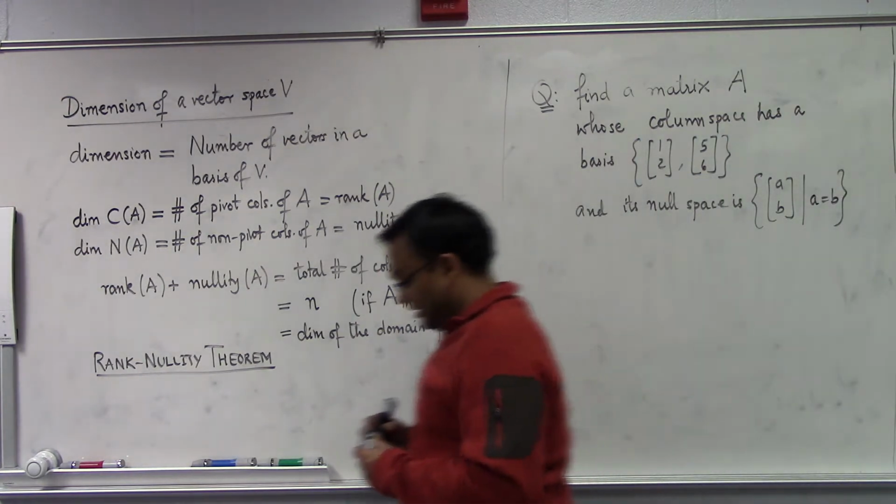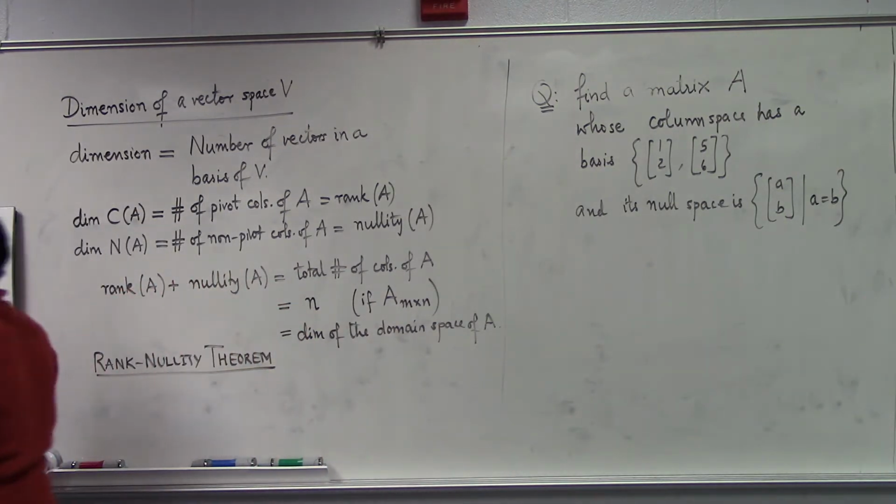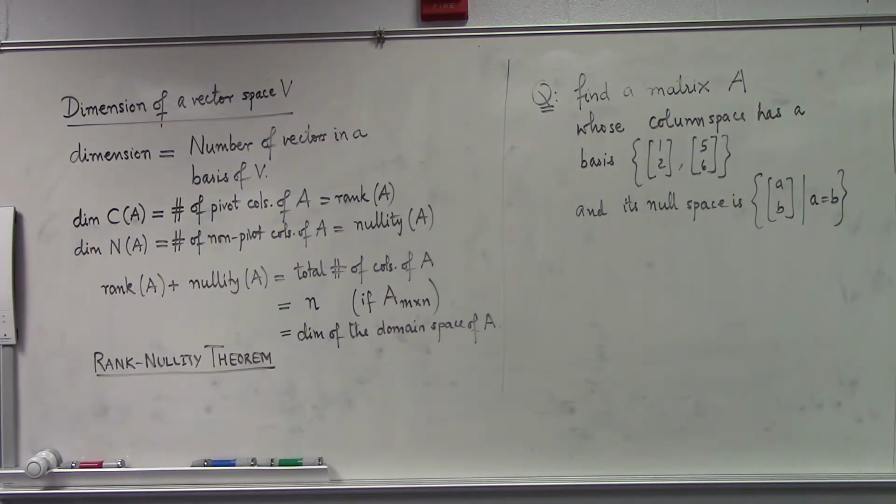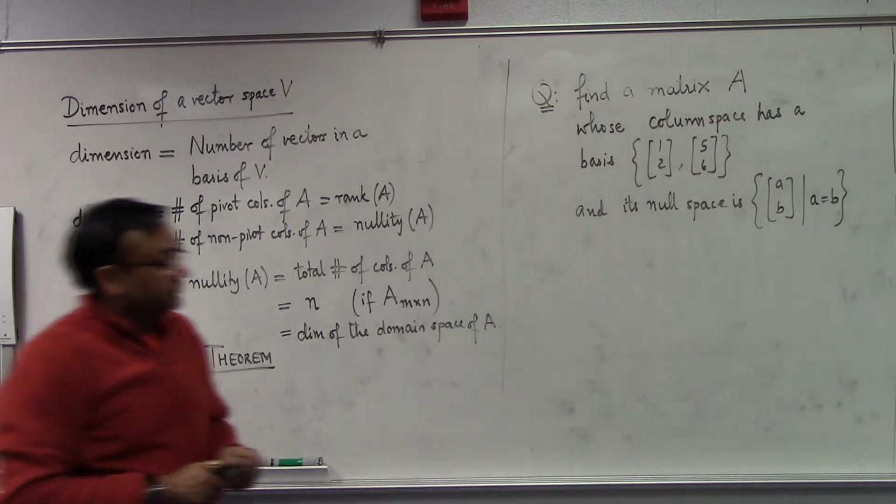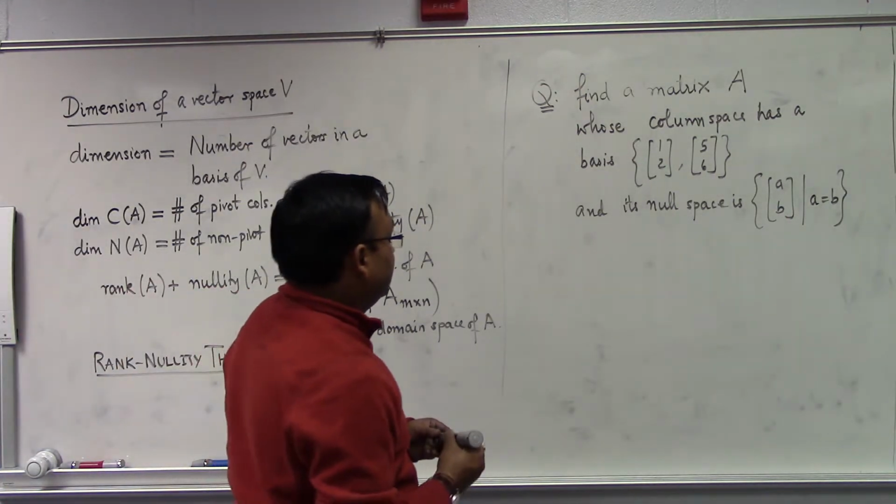It's a very long descriptive question, but you'll see the answer is fairly straightforward. Find a matrix A whose column space has this basis, and whose null space is this.